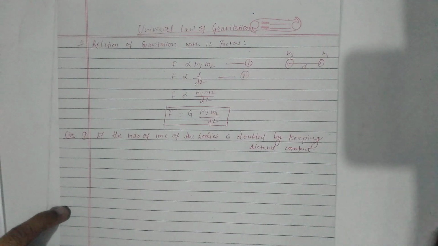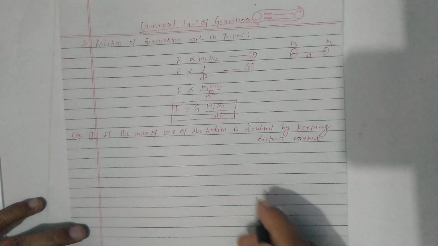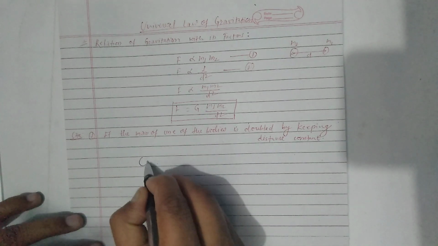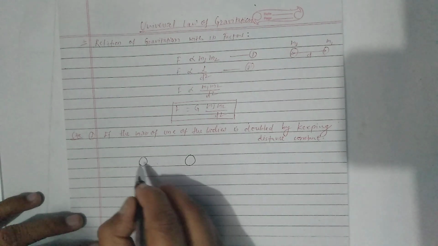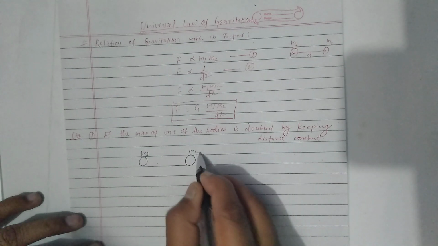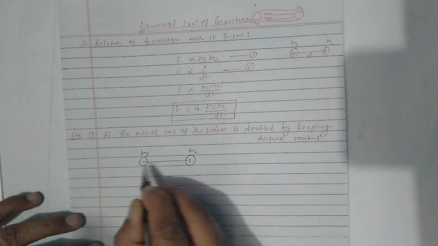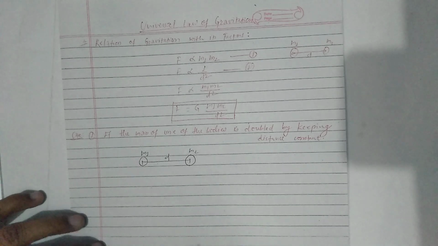Here we have two bodies, this is m1, this is m2, and the distance between these two from center to center is suppose d.